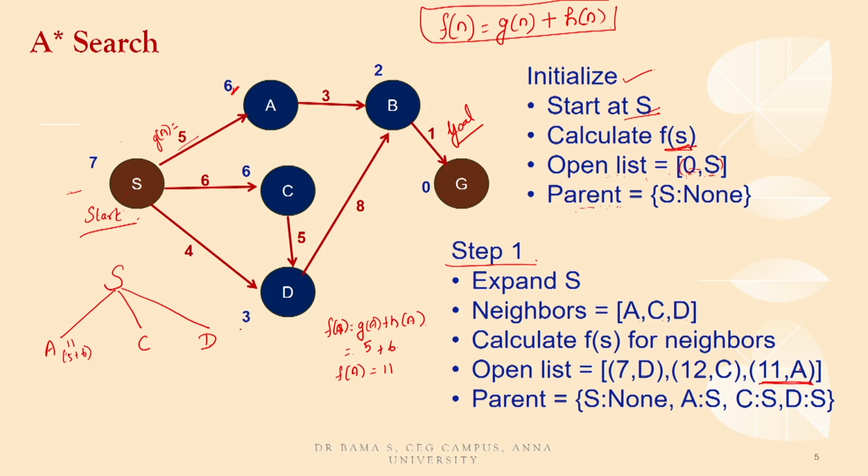Similarly, for C, f of C will have the g value as 6 plus h value as 6, that would be 12. So, this would be 6 plus 6 which is 12, and f of D is 4 plus the heuristic value 3, which is going to be 7.